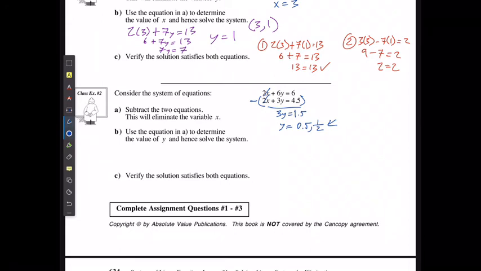Then I'm going to pick one of the equations, doesn't matter which one, and substitute my y back in order to solve for x.